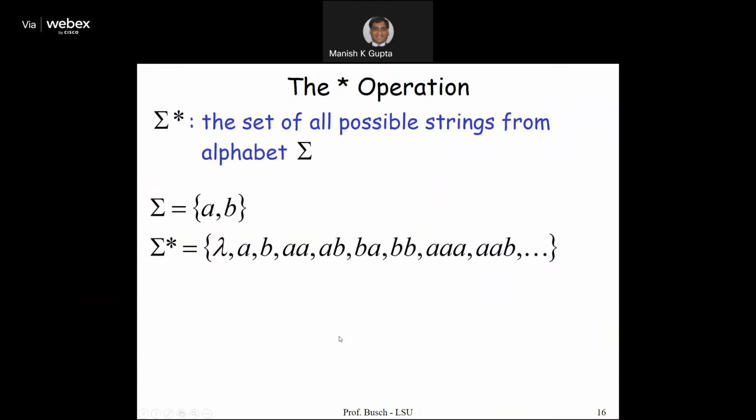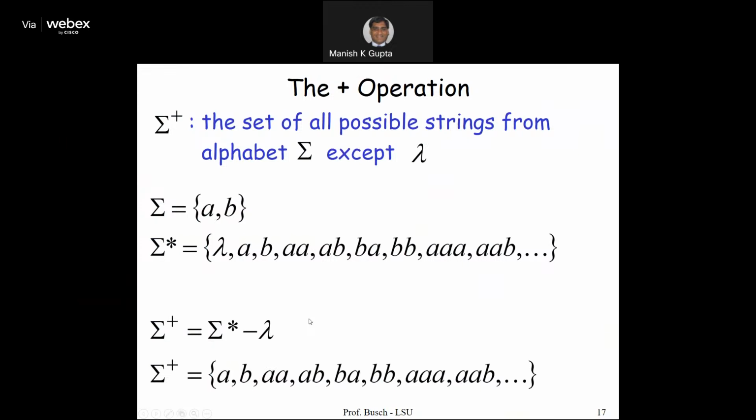For example, if sigma is a, b, sigma star contains a string of length 0, then strings of length 1, of which there are 2, only a and b, then strings of length 2, of which there are 4, and so on. Plus operation: the set of all possible strings from alphabet sigma except lambda. Lambda, the empty string, is not there. That is sigma plus, which is sigma star minus lambda.